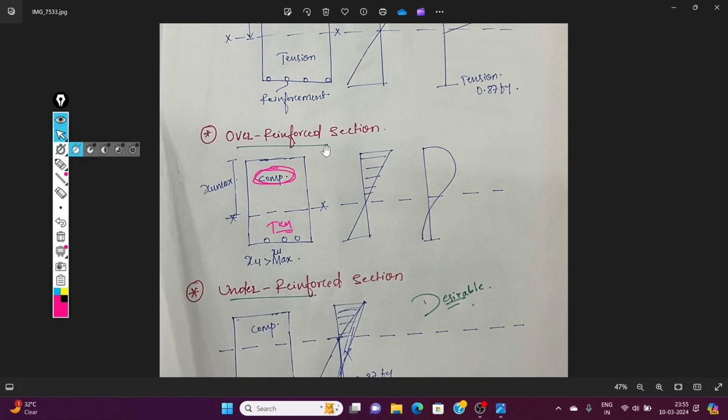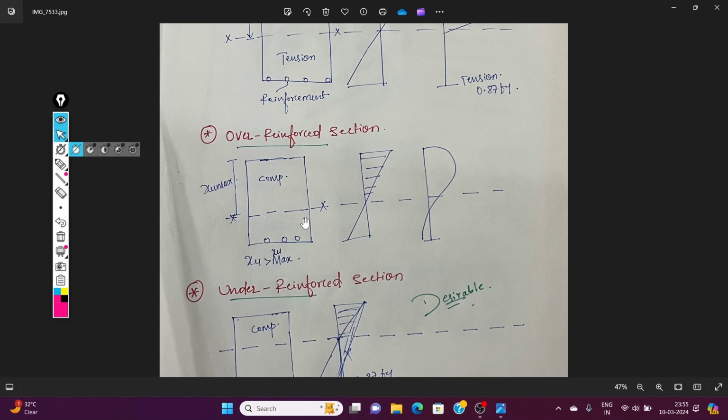So in the over reinforced section, the concrete reaches its ultimate limit of compressive stress before the steel reaches its ultimate limit of tensile stress.